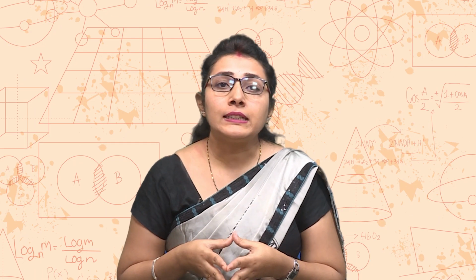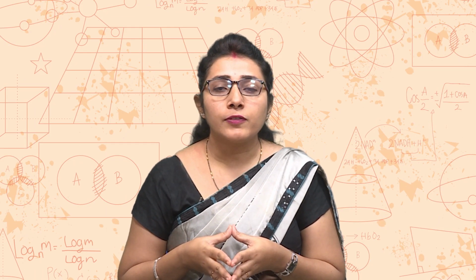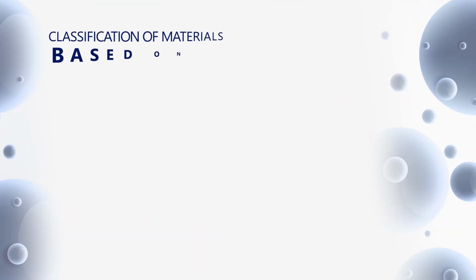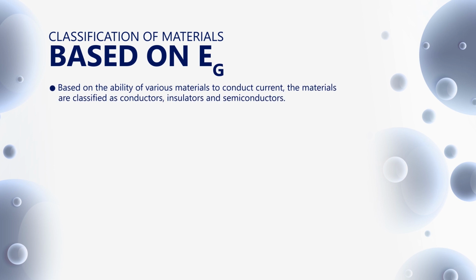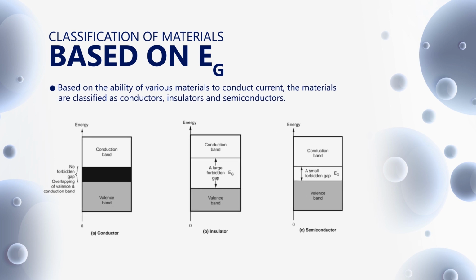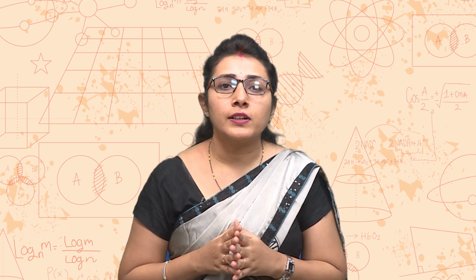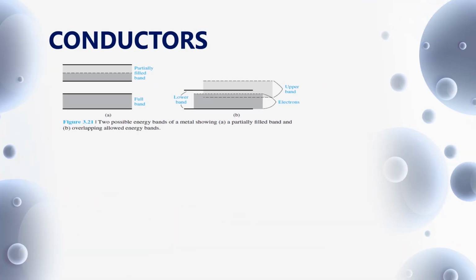Here let us discuss the classification of materials based on energy gap. Based on the ability of various materials to conduct current, the materials are classified into conductors, insulators and semiconductors as shown in the figure. The first figure is for the conductors. Here we can see that the energy gap between the conduction band and valence band does not exist.